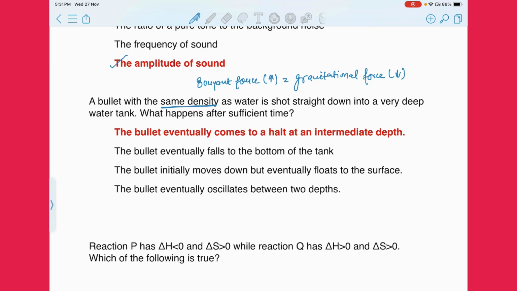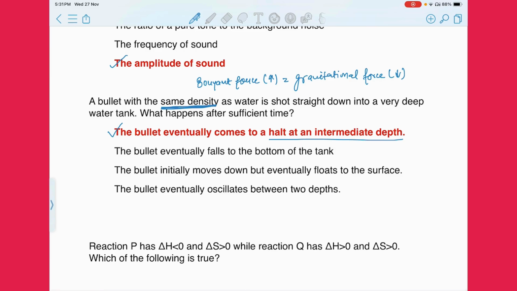For the initial part, the bullet will come down because of the gravitational force. Then because of the buoyant force, it will stop. As the density of the bullet and the water is the same, it will halt at an intermediate depth. Option number 1.